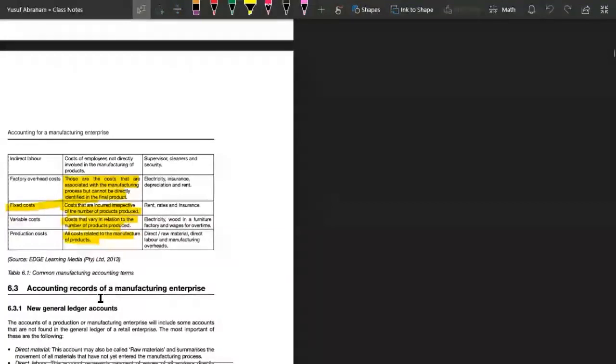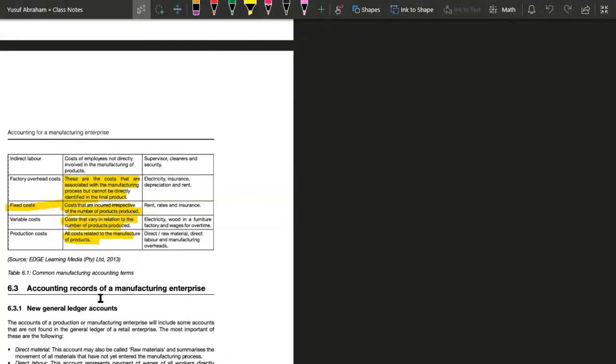These are costs that are associated with the manufacturing process but cannot be directly identified in the final product. What does this remind you of? Indirect costs, isn't it? You have your electricity. Can you look at the final product and say, I can see how much electricity has gone into making this product? Obviously not.